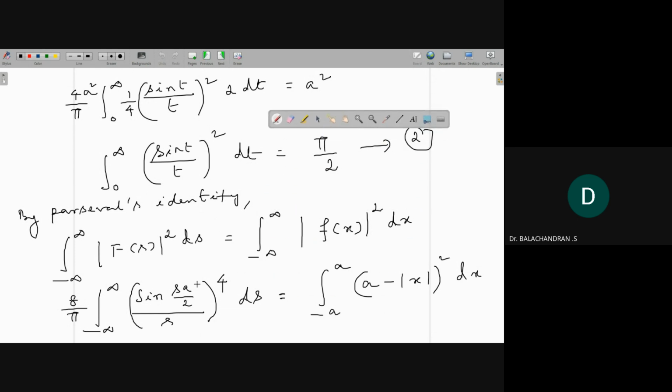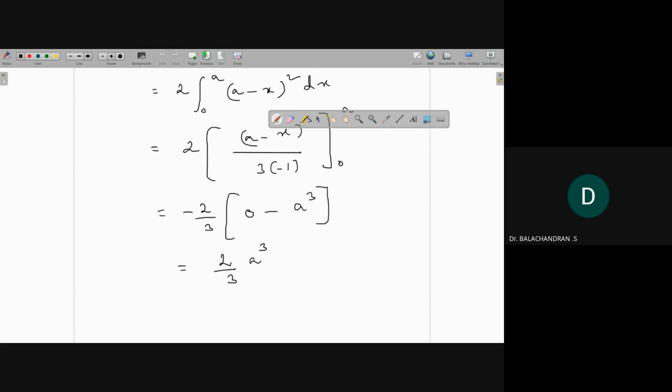Actually, this is again what? Even or odd function? Odd. This is also odd. Odd by odd is what? Even function. So then you can write this as 2 times integral 0 to infinity.